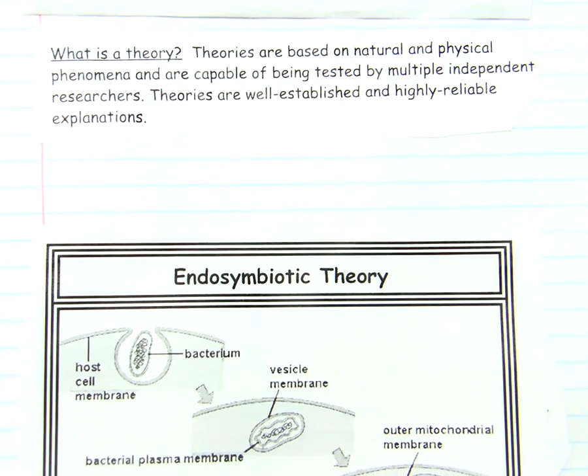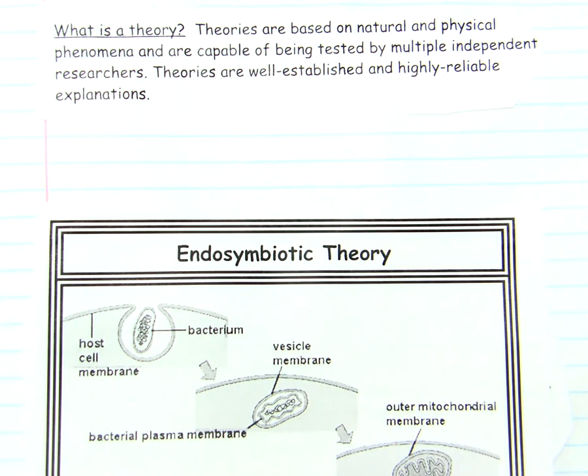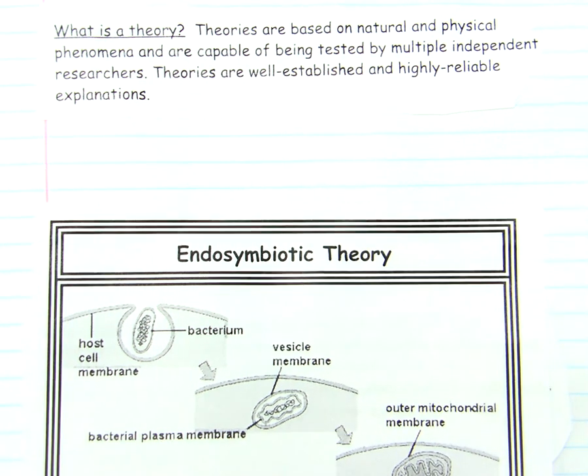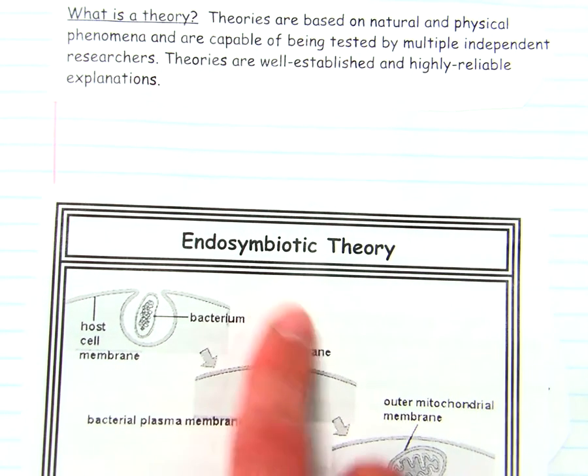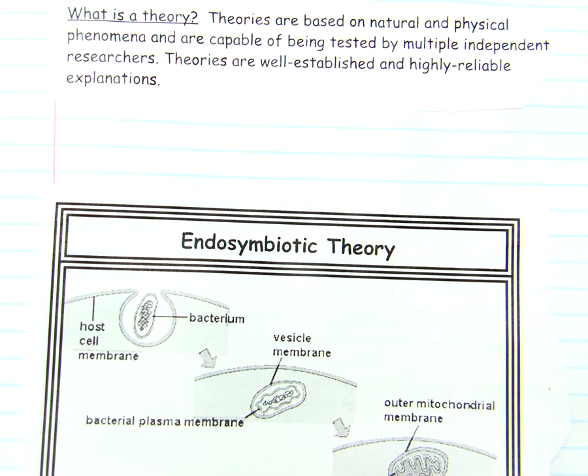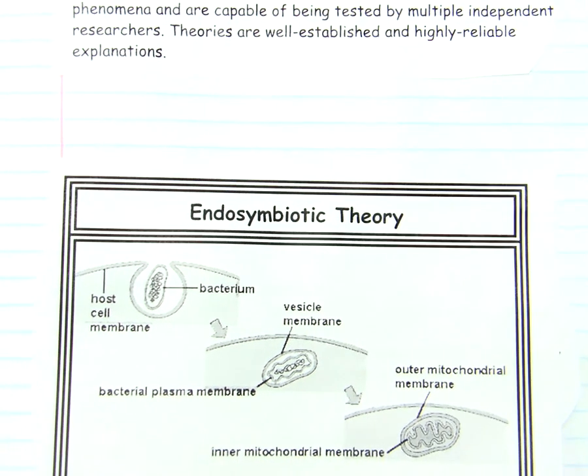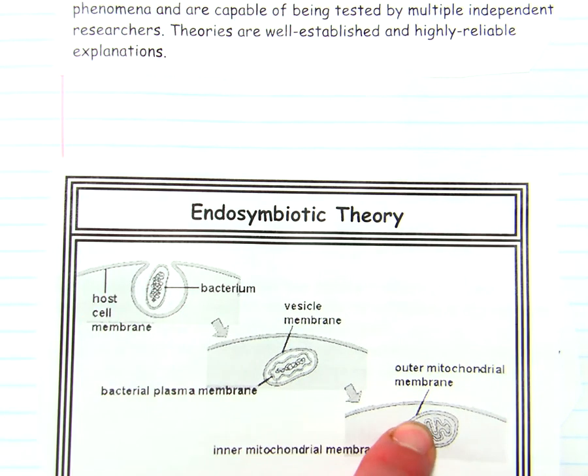The focus of our notes today is the endosymbiotic theory. This theory helps to explain how we got organelles, things like mitochondria and chloroplasts. So here in this picture showing the process.